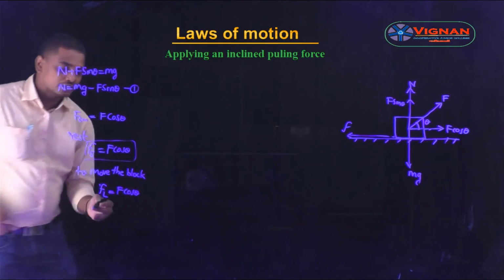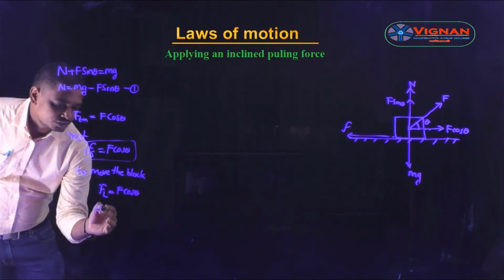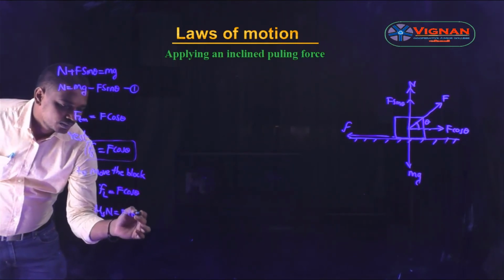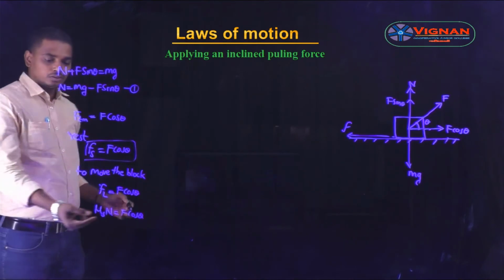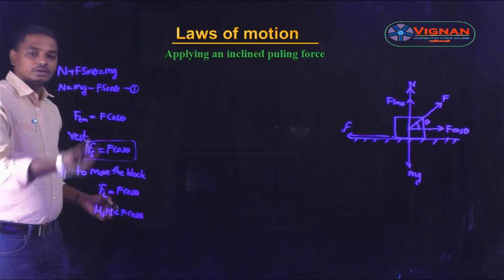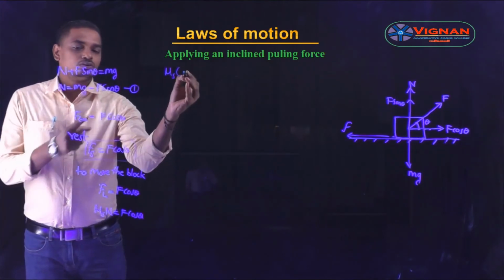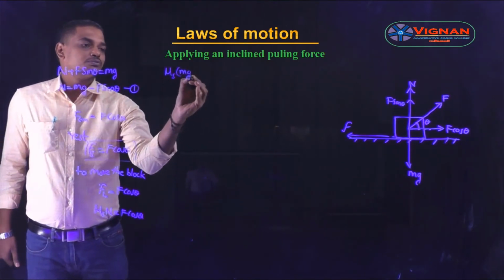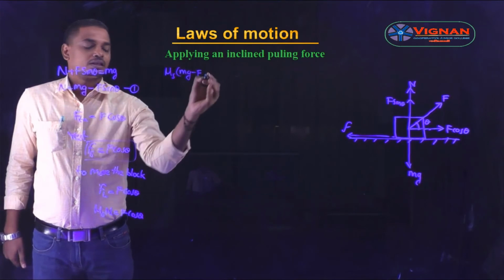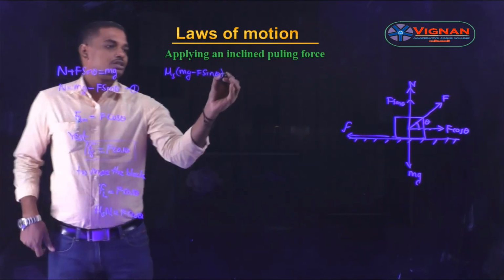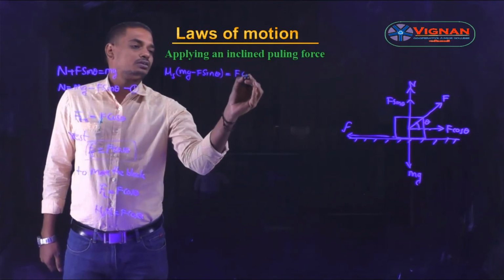We know that Fl, the limiting frictional force, is mu s into N, which is equal to F cos theta. Now substitute the value of N from equation 1. We can write this as mu s into (mg minus F sin theta) is equal to F cos theta.